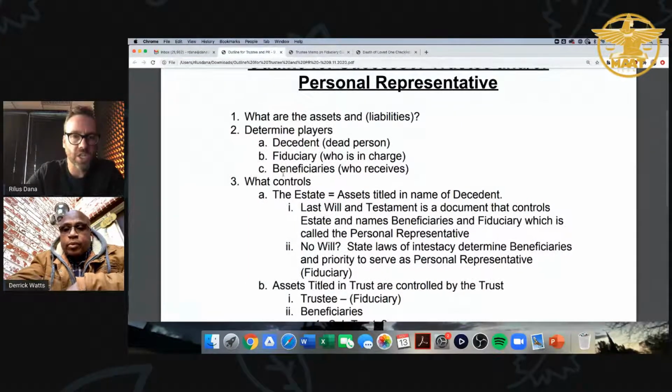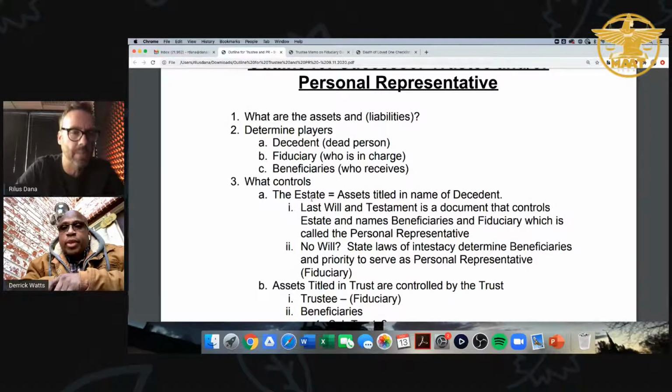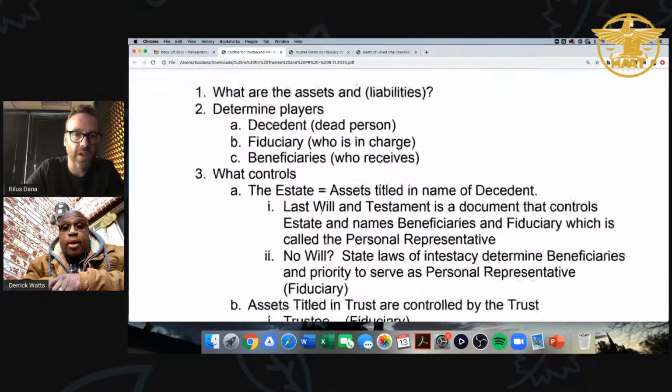So in your situation, the property is titled in the name of the deceased. The title still shows the name of the deceased person? Yes, that's correct. Okay. Did they have a last will and testament? Do you know? That's what you need to figure out.